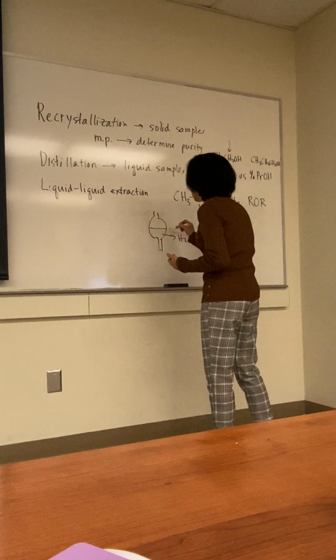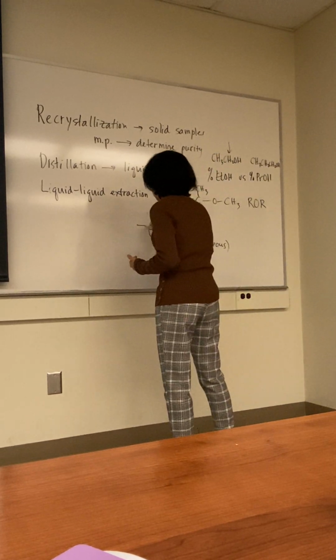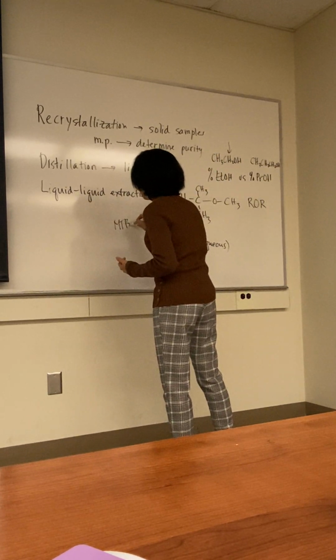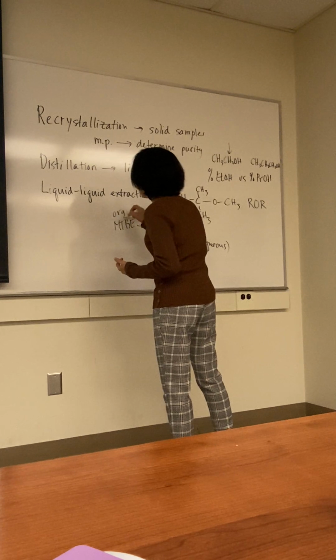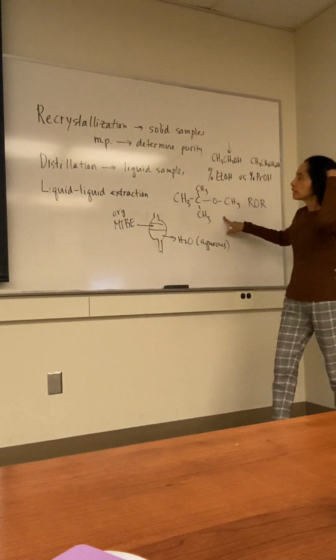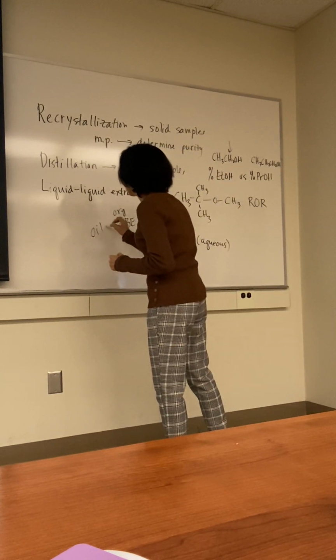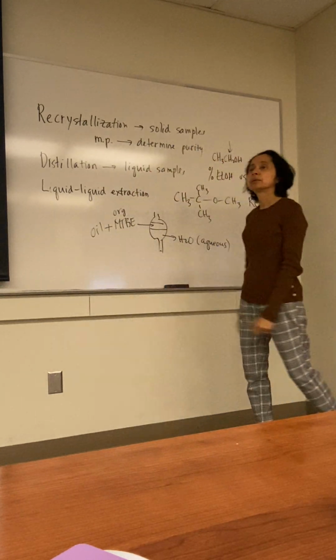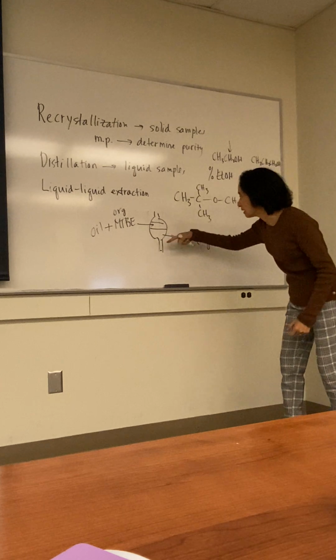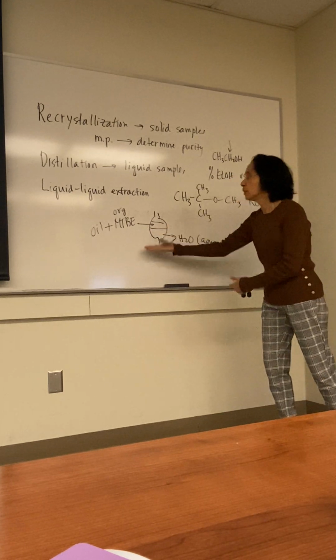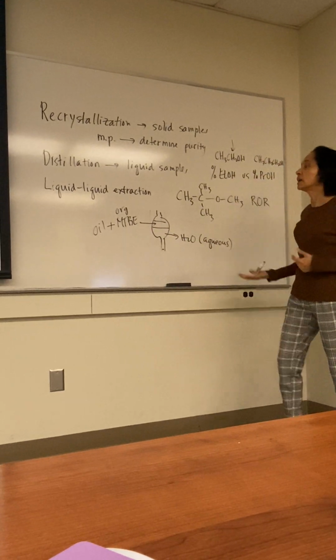And then the organic layer is going to be on top. The organic layer with MTBE is on top because that is lighter than water, okay? However, the oil went into the organic layer. And then you extract it, take this out, and get the oil. You evaporate the MTBE and we took the IR of the oil.